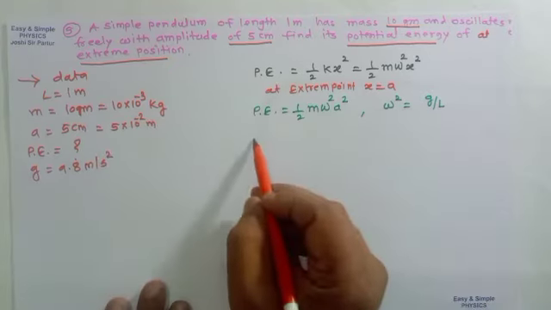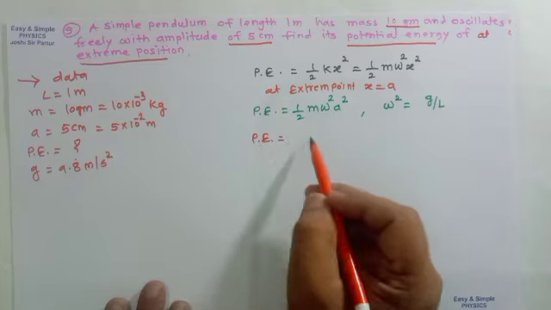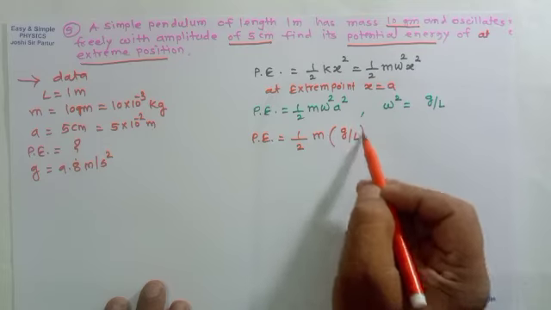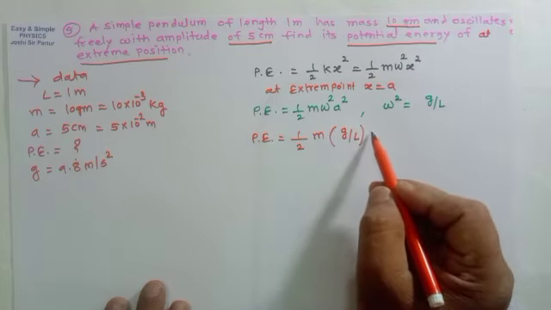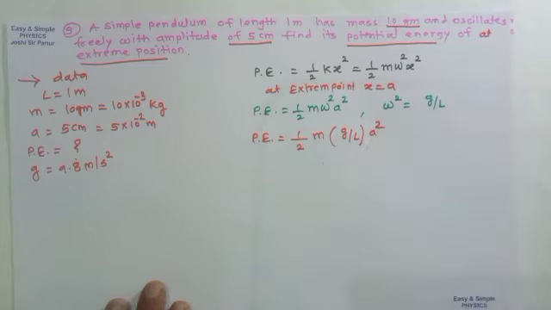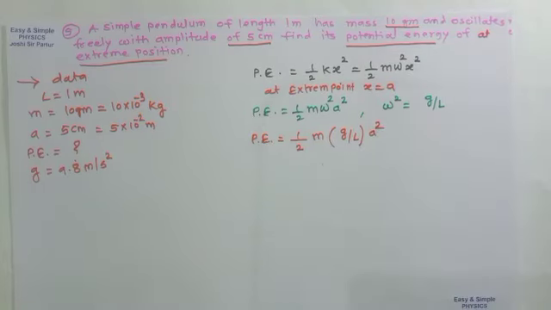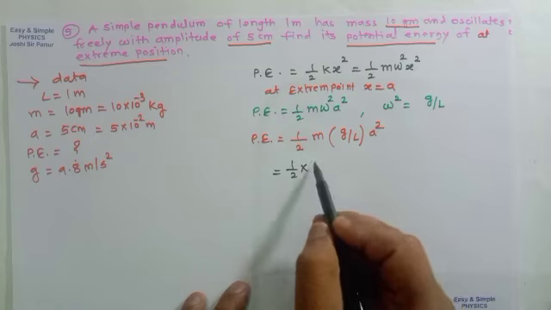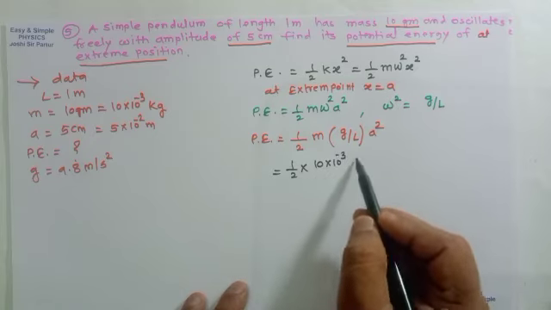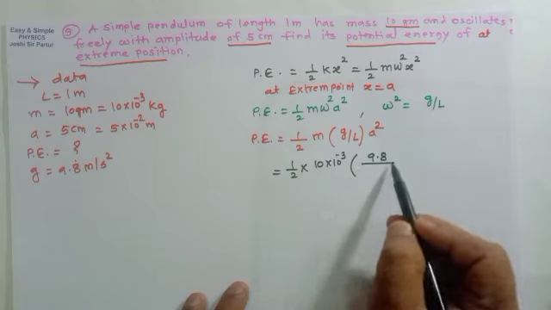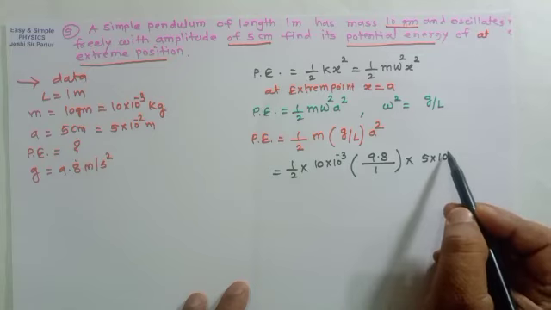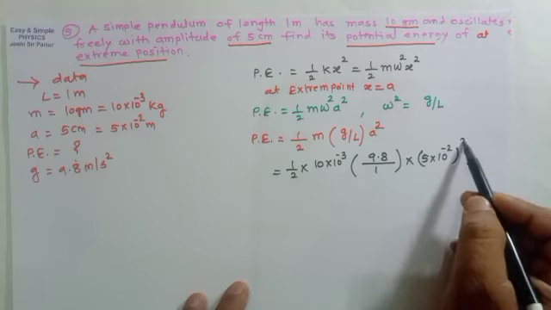By substituting, the potential energy at extreme position will be half mass small g upon capital L into A square. If we substitute all the values, then we can solve. 10 into 10 to the power minus 3, in bracket 9.8 divided by 1, into 5 into 10 to the power minus 2, bracket square.